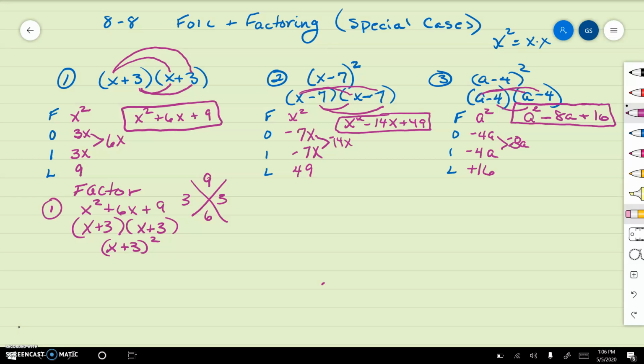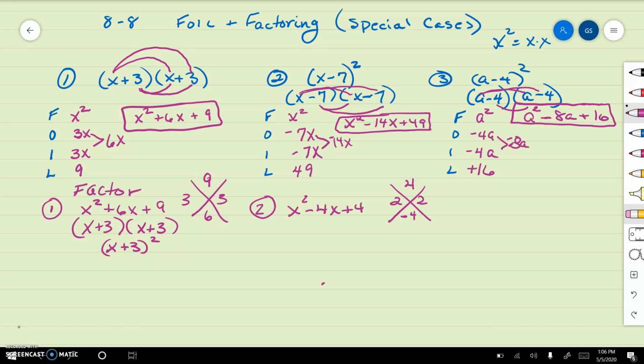All right, number 2, I'm going to give you a different one from what's above. Okay, so number 2, x squared minus 4x plus 4. Okay, make your x. We're going to multiply to 4, and we're going to add to negative 4.